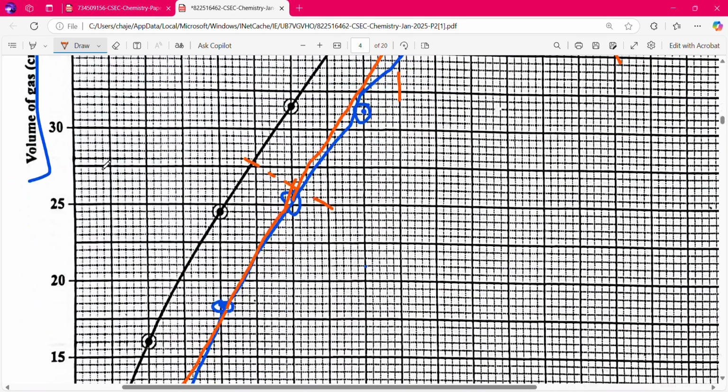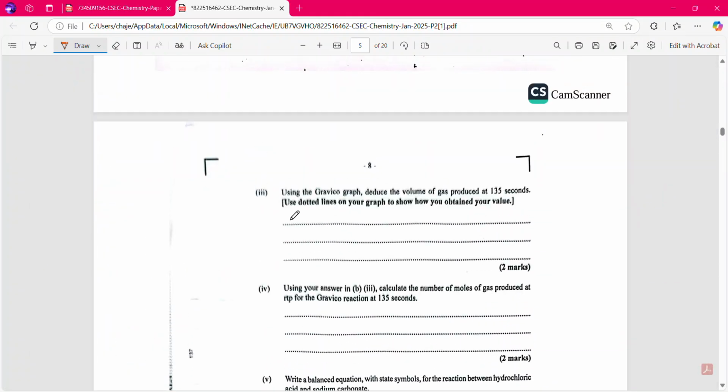Yes, it's 40.5. Alright, let me just write that in here. Imagine just 2 marks to put some dotted lines on the graph and write the answer. And I'm going to write my volume as well.